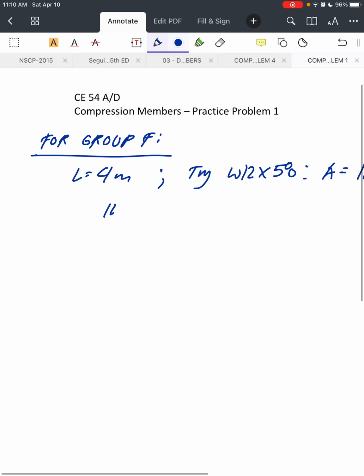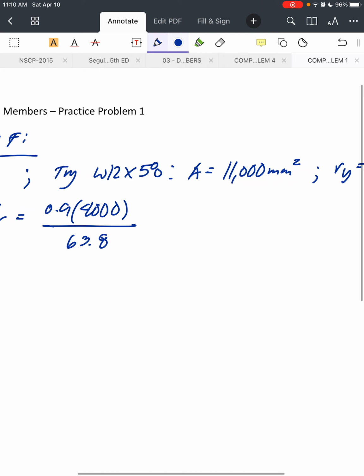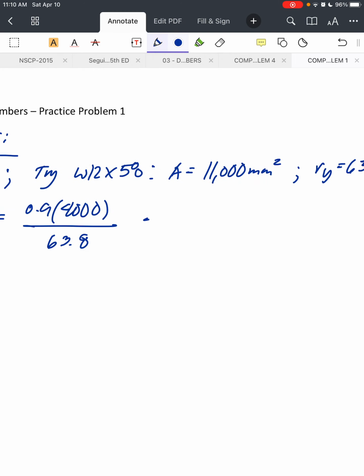So computing for your KL over r, slenderness ratio, you have 0.9 times 4,000 over 63.8. So we have here 56.426.